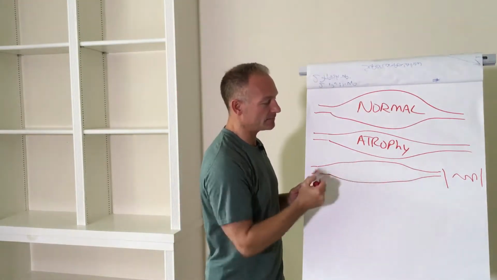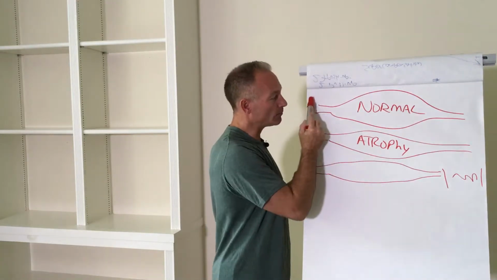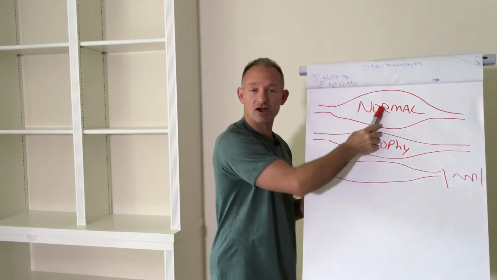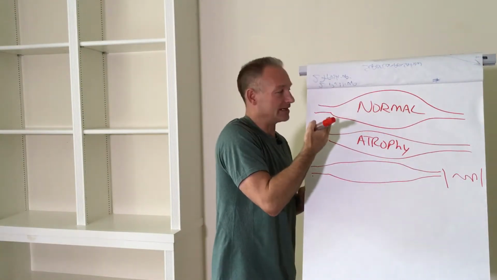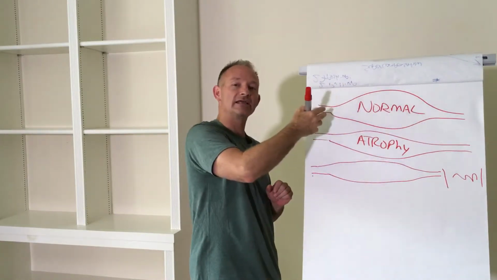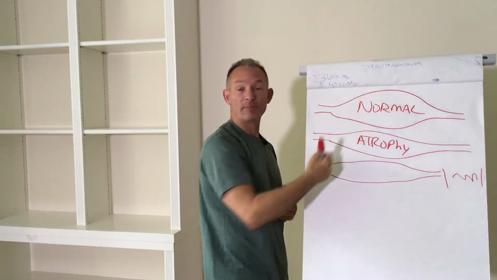And so this contraction, if you will, does a couple things. Normal blood flow goes in and out of this tissue, carrying nutrients and oxygen and good life-giving properties into the tissue, and it takes away, through the veins, byproducts.